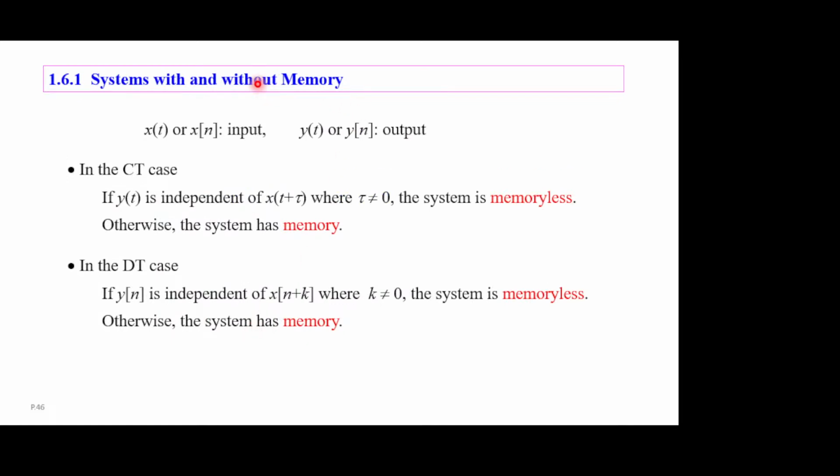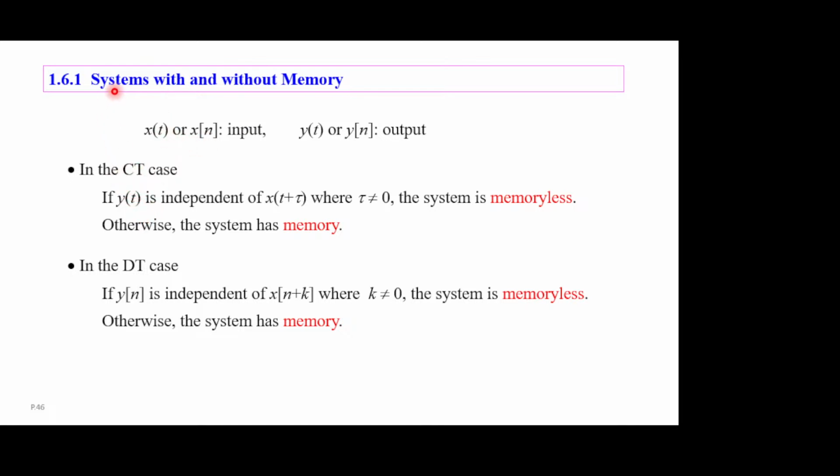Okay, so the first property is memory. Basically, does the system remember things in the past or even in the future. I think this is very straightforward. A system without memory just reacts to what the input is at the current time.